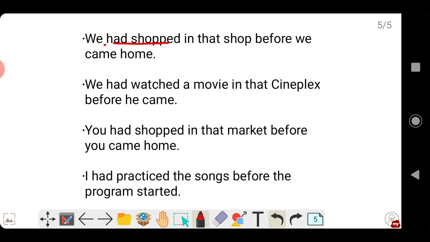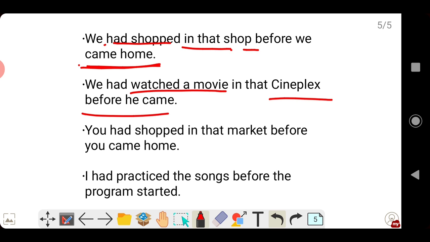We had shopped in that shop before we came home. "We had shopped" is an example of past perfect tense, and "we came home" is an example of simple past tense. We had watched a movie in that cineplex before he came.